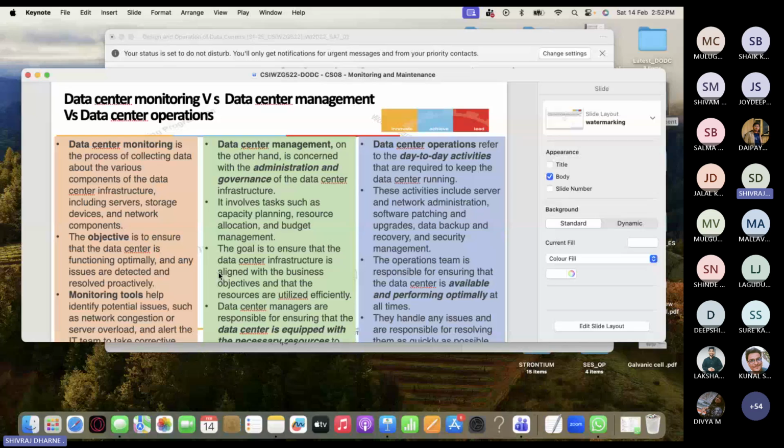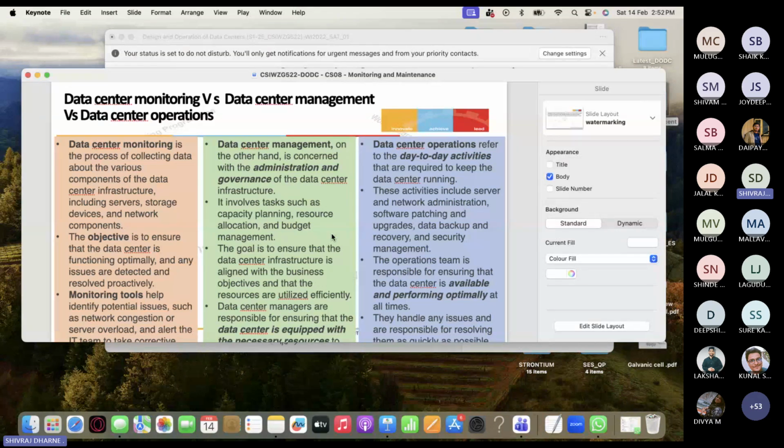The main goal is to ensure that the data center infrastructure is aligned with the business objective and that the resources are utilized efficiently, right? So data center managers are responsible for ensuring that the data center is equipped with the necessary resources to maintain or to manage it. Okay?